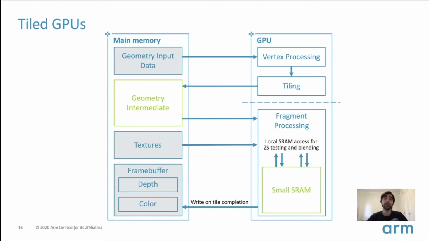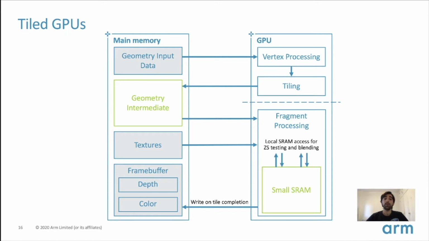And that means that for rendering a particular fragment, we don't need to go all the way to main memory. We can keep everything that we need for a given tile in tile local memory in the GPU. This memory is much faster and much cheaper. And as you can see here, at the end, we have a single transaction to main memory, or a single store operation, that is to write out the final value of the samples in the tile.